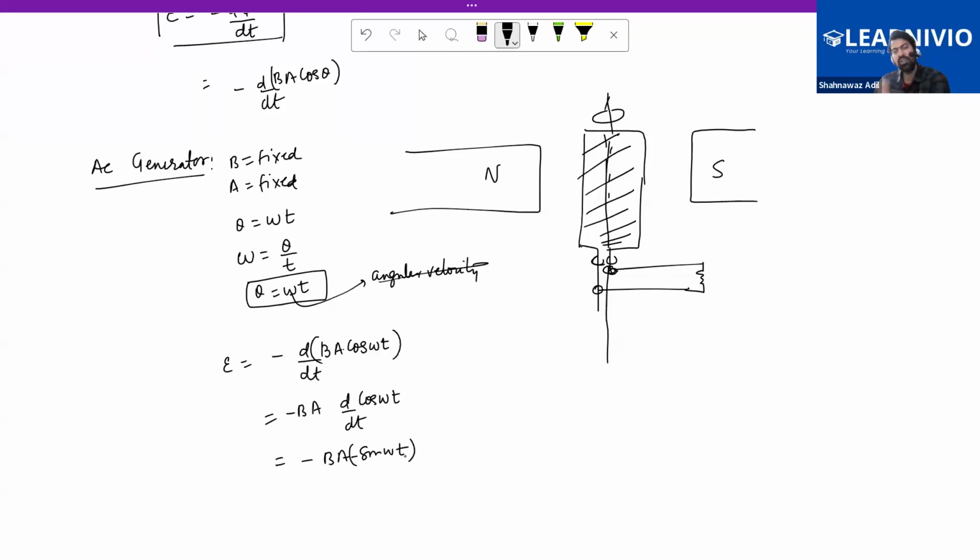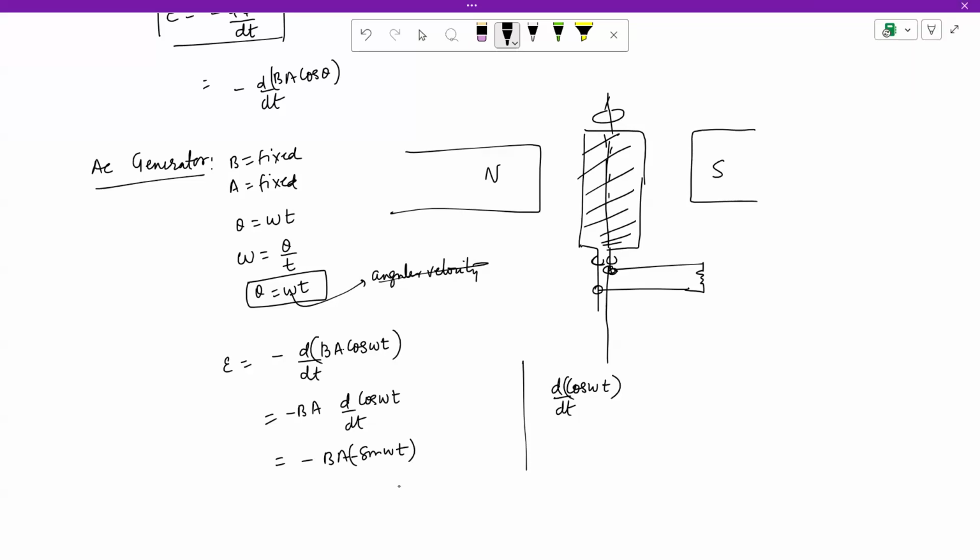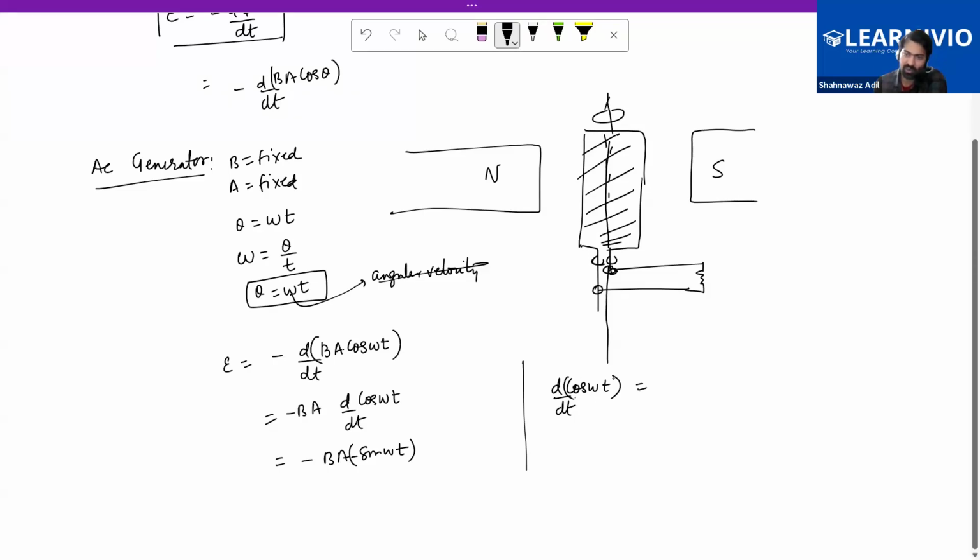What else would be there? What is the differentiation of cos omega t? First we have to apply the chain rule. First we differentiate the trigonometric function, which gives minus sine omega t.